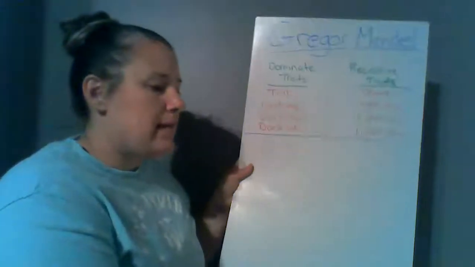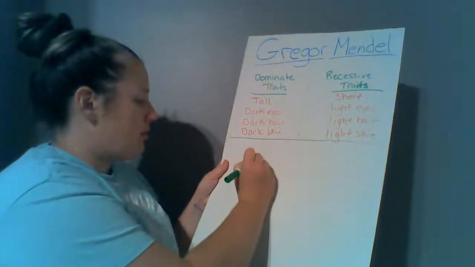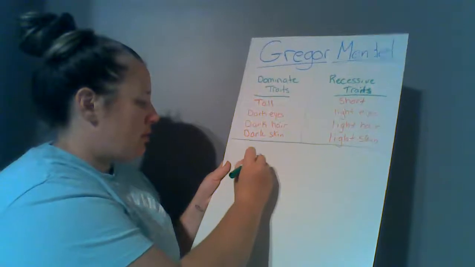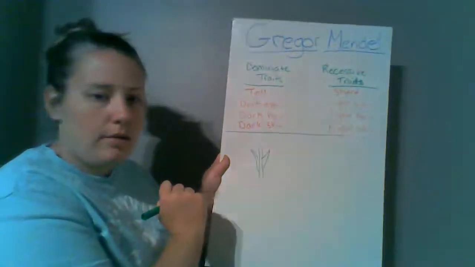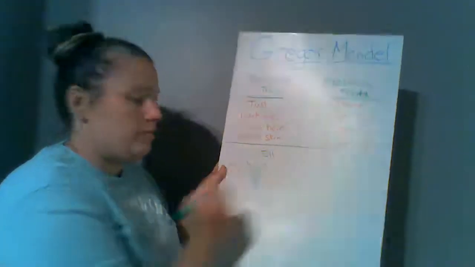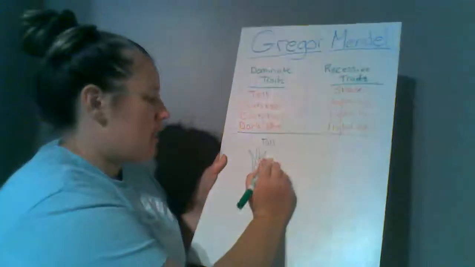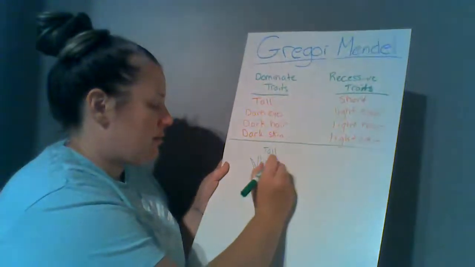So what he did is he took, no fancy drawings here, okay? He took a tall pea plant and he mixed it with a short pea plant.